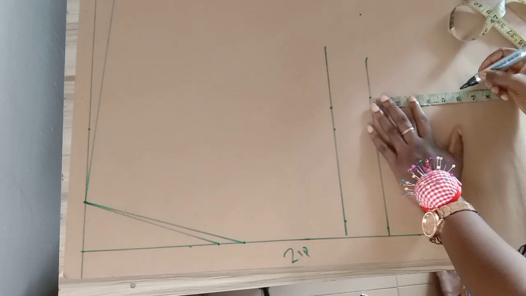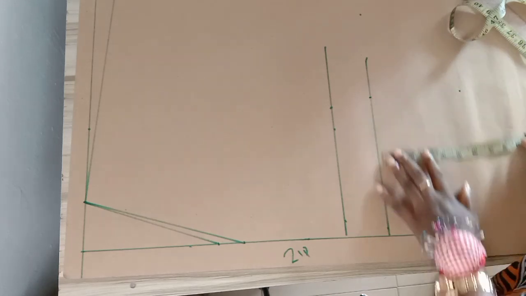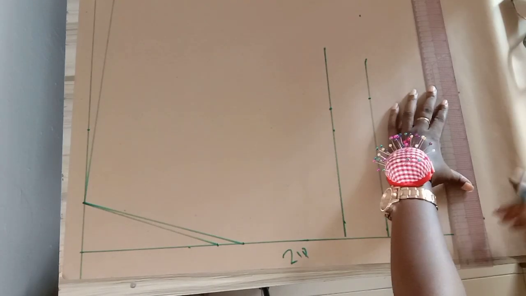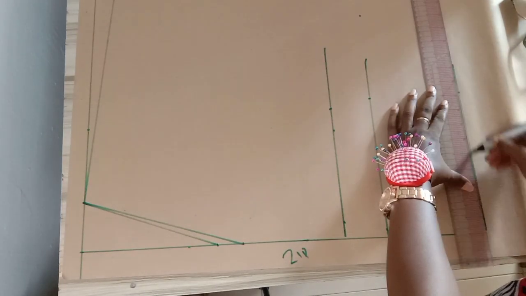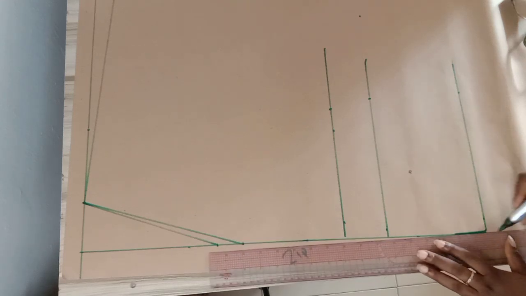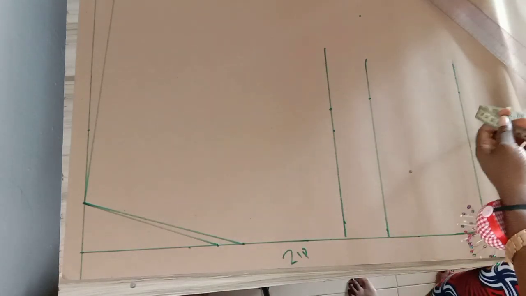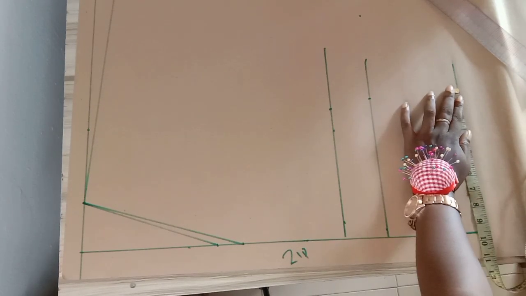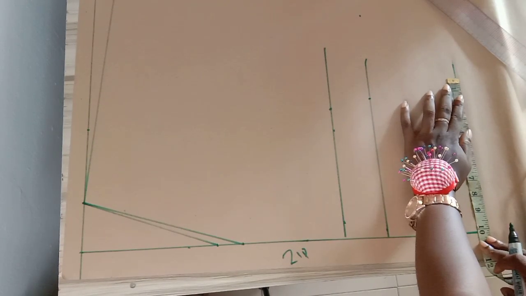So here I come down by 6 inches from the waistline, and I will connect that with a straight line also. And on that line, I'm going to be marking my hip divided by 4. My hip is 44, divided by 4 is 11 inches.